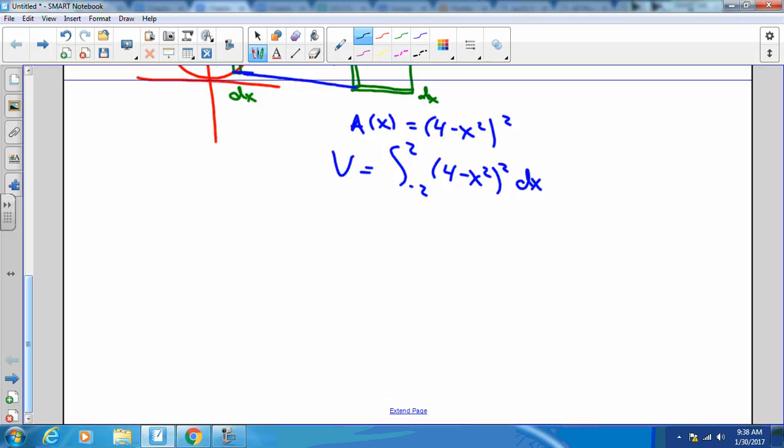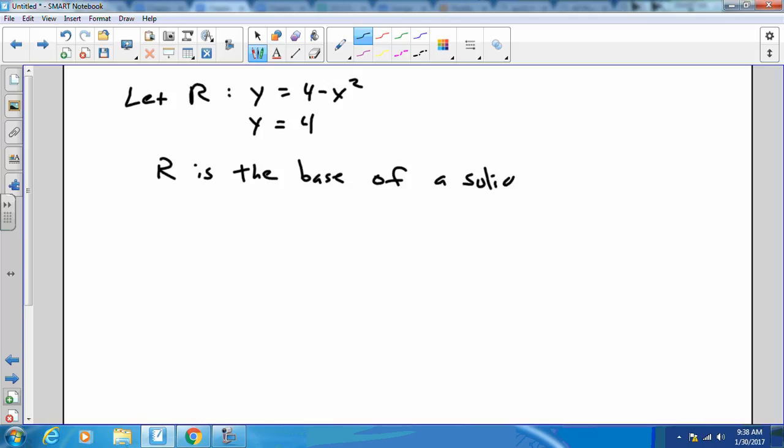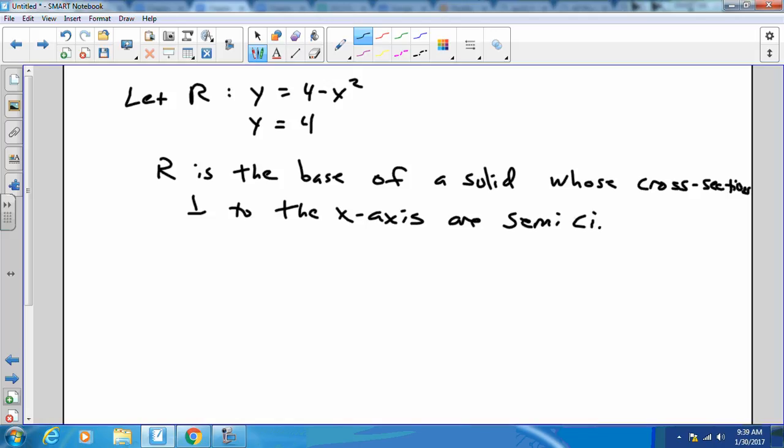Yeah, let's change up our problem just a little bit. R is the base of a solid whose cross-sections perpendicular to the x-axis are now semicircles.